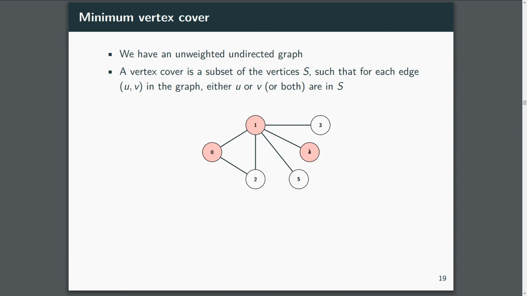And by selecting this one, we cover this one here, these two. So that's why it's called the vertex cover. If you select the vertex, you are essentially including it and everything that's connected directly to it in the set.